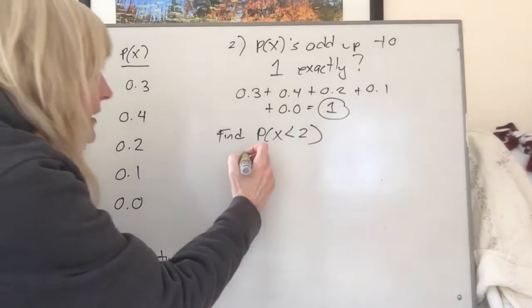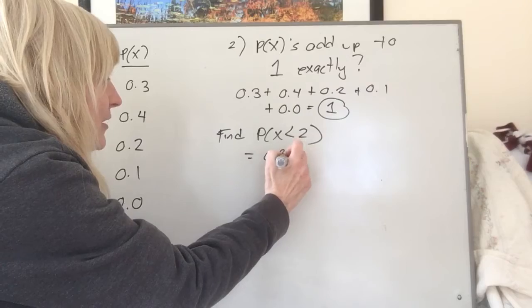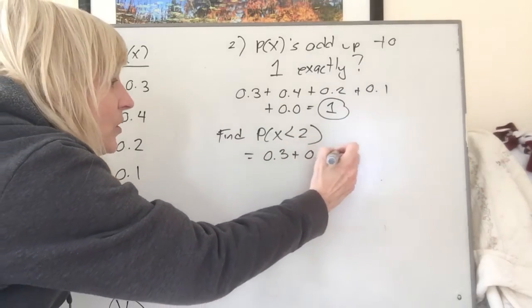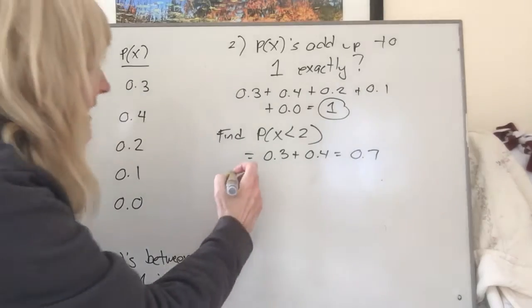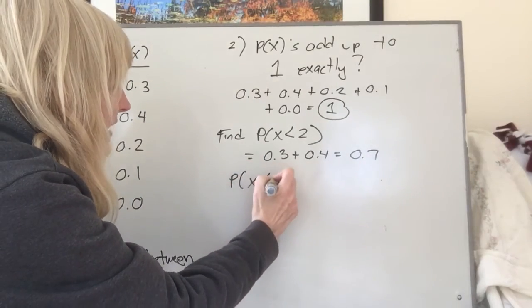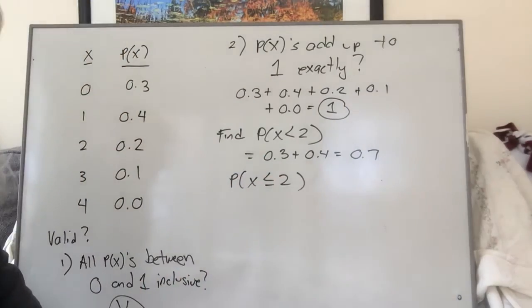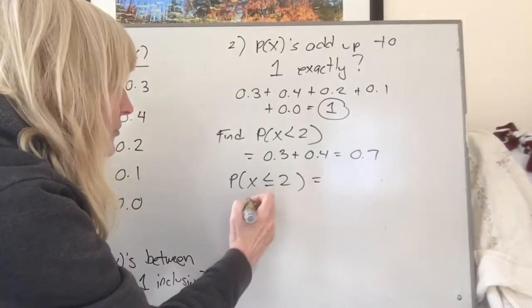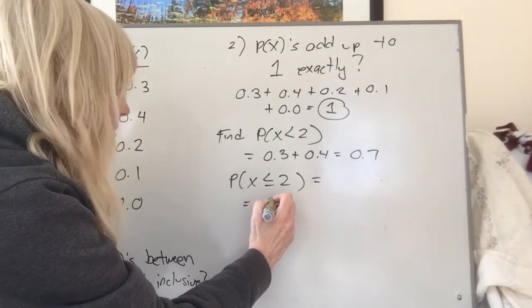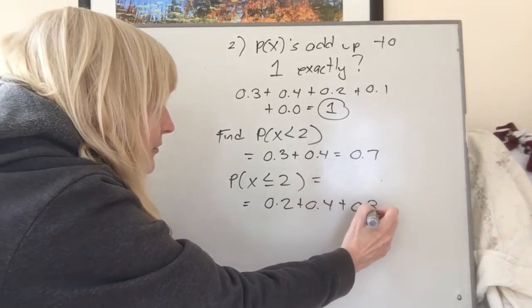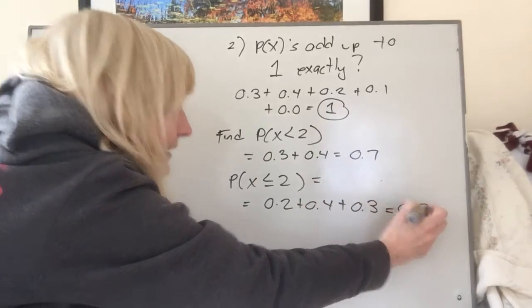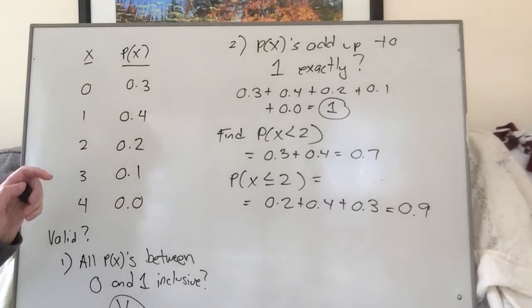You add the probability for the 0 plus the probability for the 1, so you get 0.7. If I had said the probability that x is less than or equal to 2, it includes the 2 probability, so that would be 0.2 plus 0.4 plus 0.3, which is 0.9. So you've got to watch your signs there.